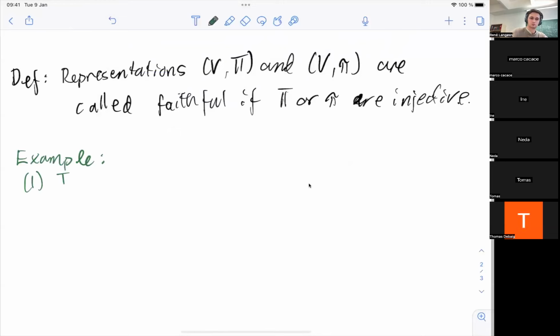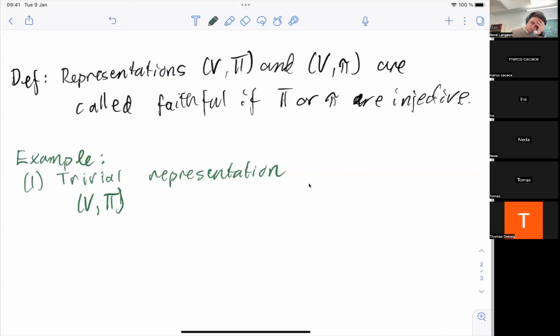So the easiest one is the trivial representation. That one is: you take any vector space V, and pi of A is just the identity for all A in G. So that will be a representation.